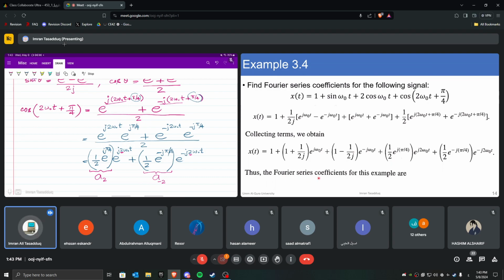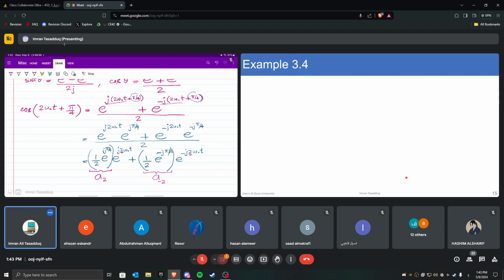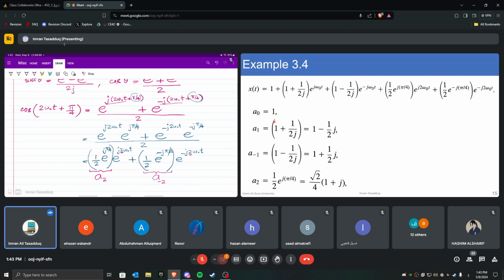Therefore, the Fourier series coefficients for this example are this. a0 is 1, a1 is 1 plus 1 over 2j, a minus 1 is 1 minus 1 over 2j, a2 is 1 by 2 e to the power j pi by 4, and a minus 2 is half e to the power minus j pi by 4. Okay, we'll talk about this now, but first let's clear this. So tell me, is this clear? a1, a minus 1, a2, a minus 2.